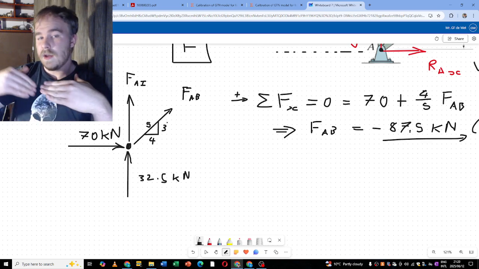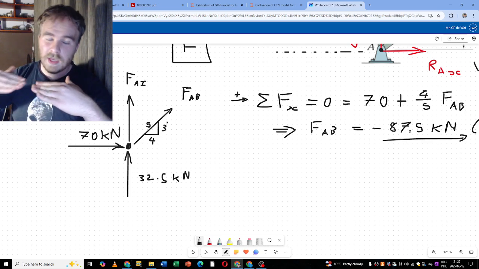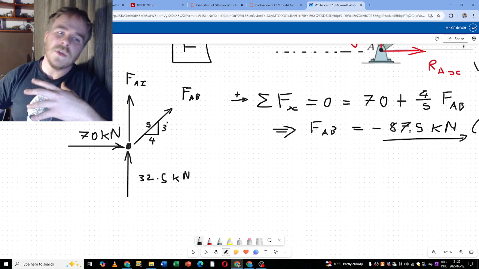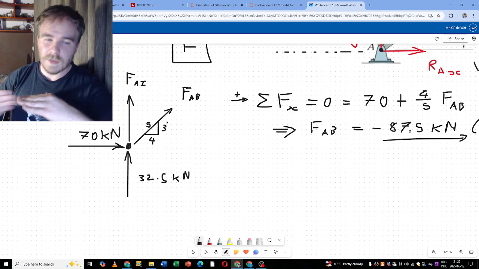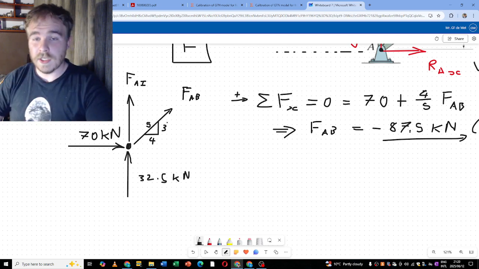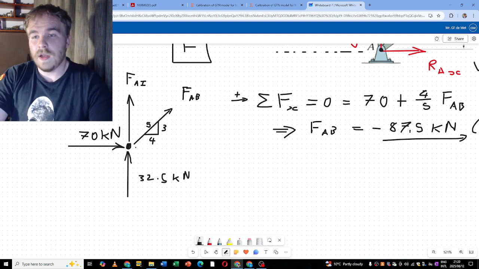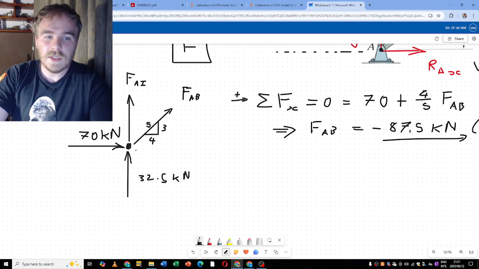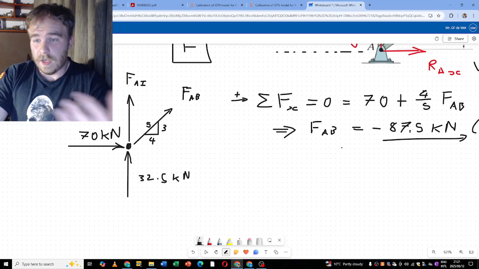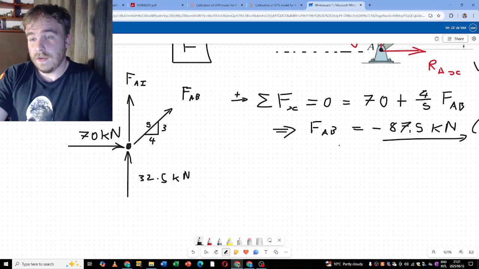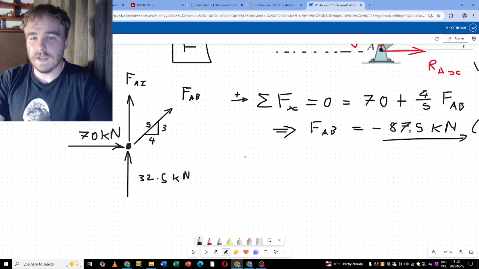And we see that the arrows both point in the same x direction. So FAB obviously needs to be in the opposite direction. We assumed the wrong direction, so it needs to be negative, and it needs to be larger than 70 kilonewtons because it's not entirely aligned with the x-axis, but it still needs to resist the 70. And that's exactly what we got. A negative value that is larger than 70. So it makes sense. Great.